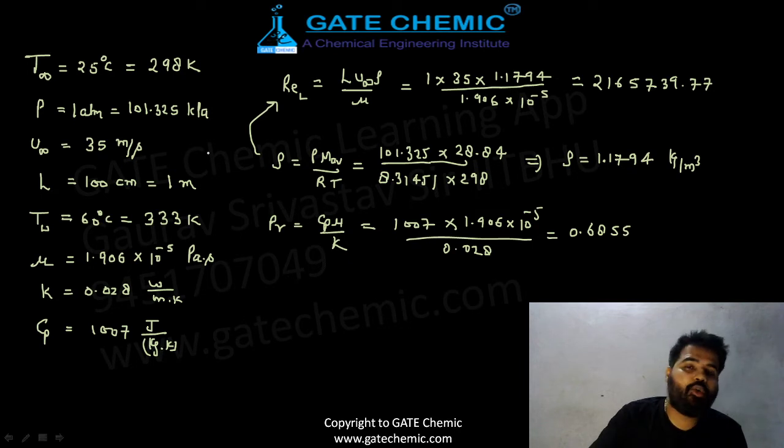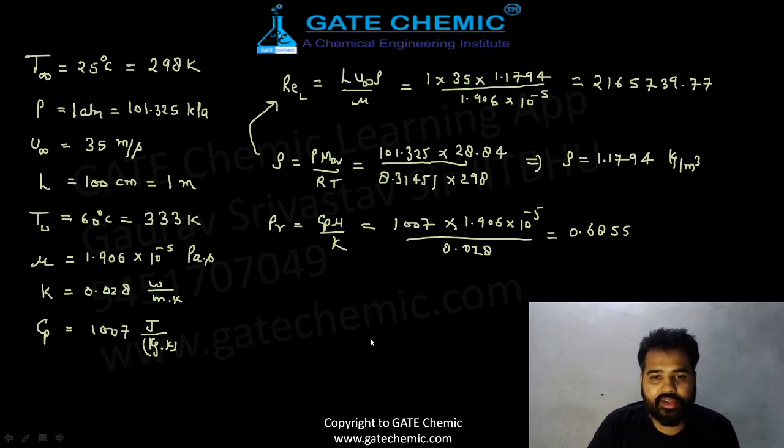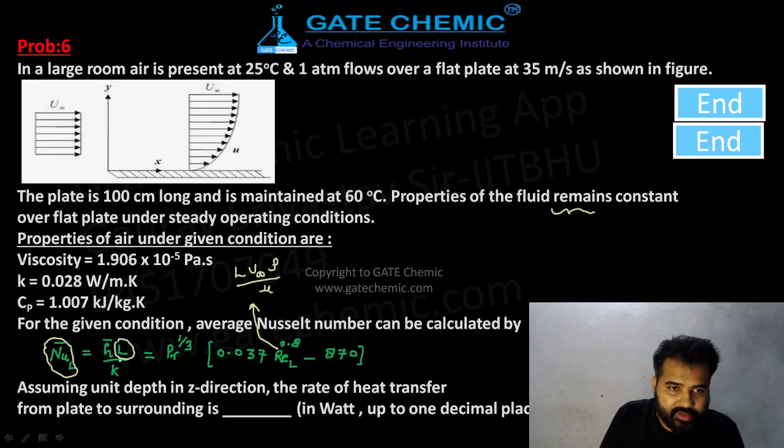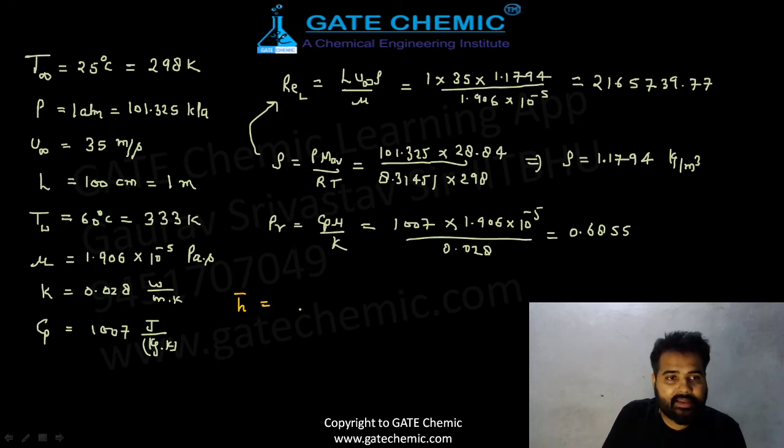0.6855. Now, by the last equation, you can easily calculate h bar. So h bar can be written as, you can see here, beta, this L by K you can write on the RHS as K by L. K is how much? 0.028.